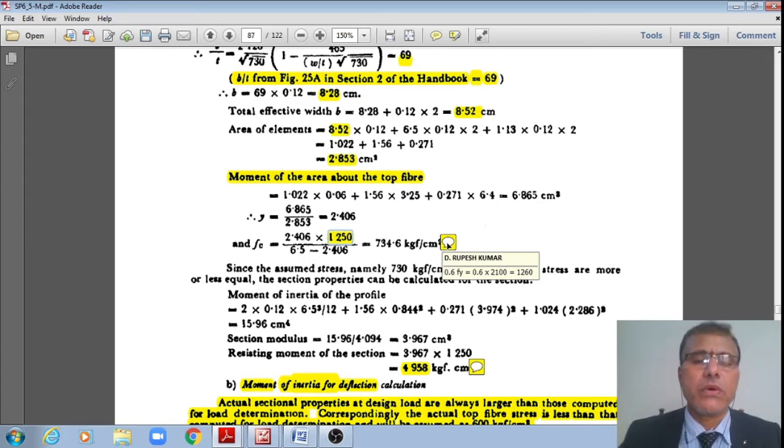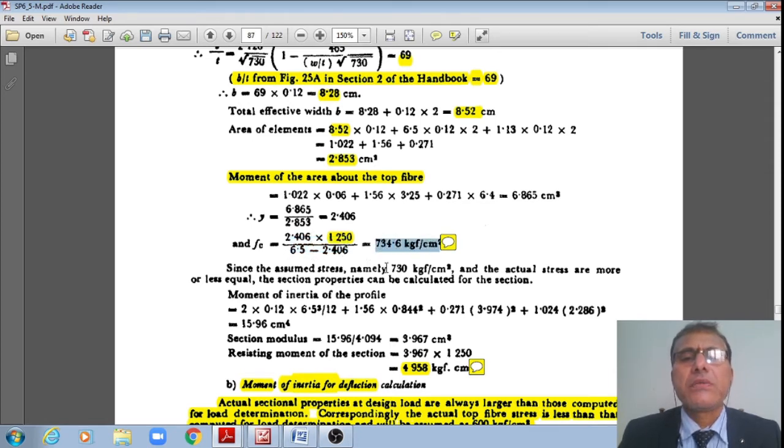Either of the two is fine, no problem. For that, divided by 6.5 minus the tension fiber distance, 6.5 minus 2.406. Therefore, the stress in the compression fiber is 734.6 kg per centimeter square, or approximately 73.4 Newton per mm square.